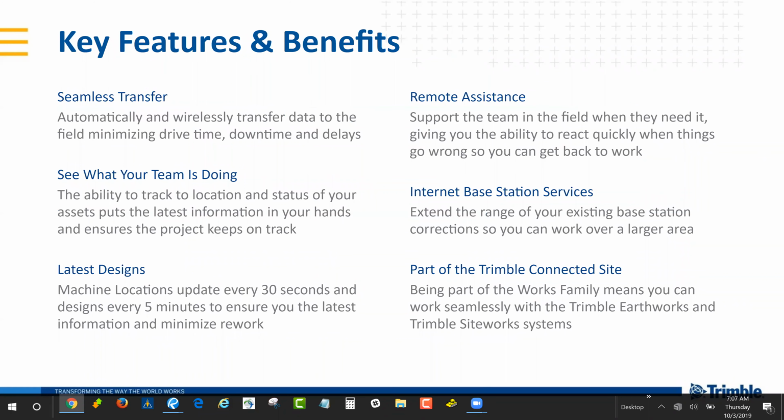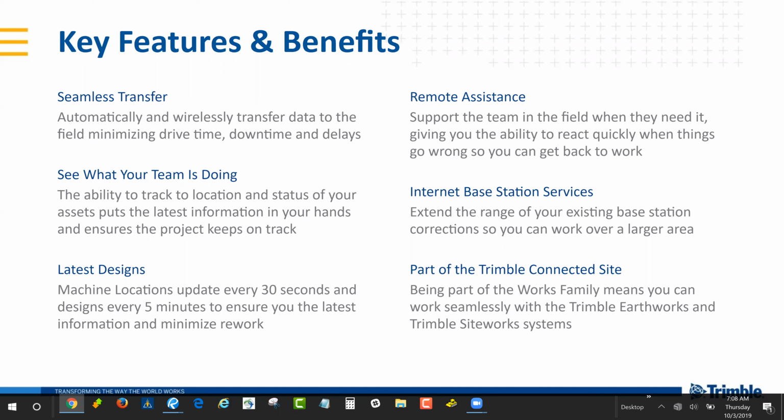When it comes to features and benefits, obviously the seamless data transfer between the office and the field, getting designs to the machine, getting data back off is an important benefit. We also want to be able to see what your team is doing. So tracking the location and knowing where they're at, where they're working is very important.